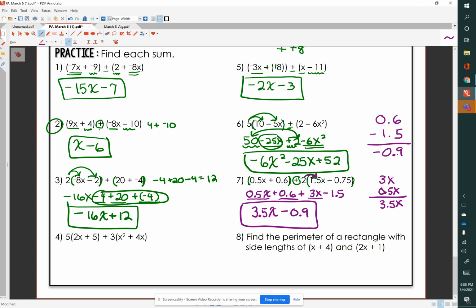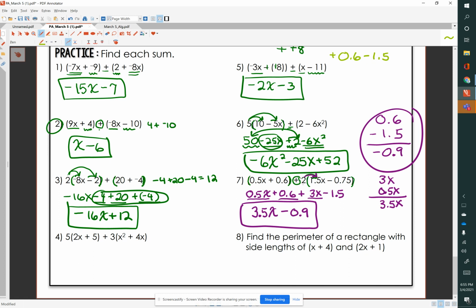I want to go back and do this part again. I want to show you what I did. If you have 0.6 minus 1.5, remember the 0.6 is positive. So you're combining a negative and a positive. Remember the rules. If you have different signs, ignore the sign, subtract the smaller number from the larger number, and then give the sign that was with the larger absolute value number.